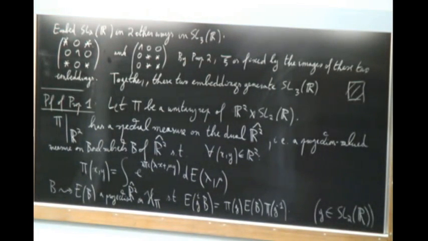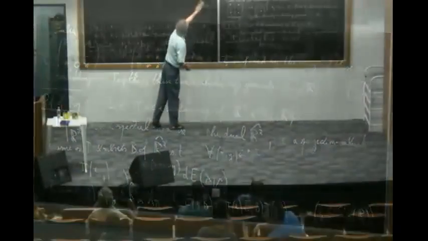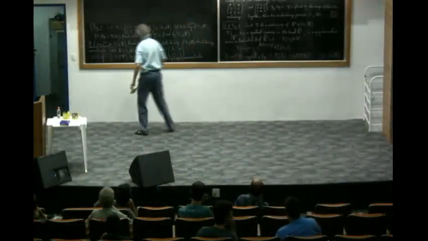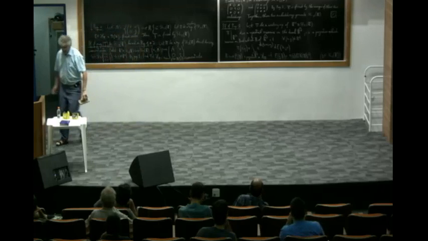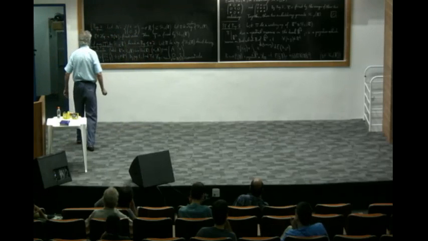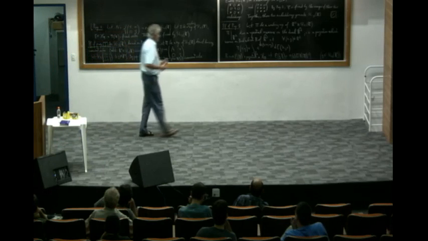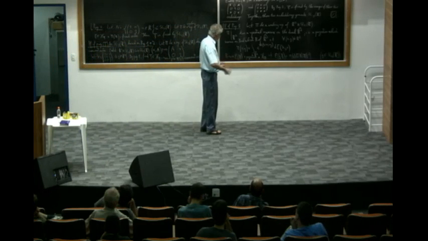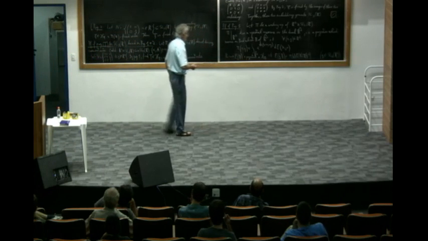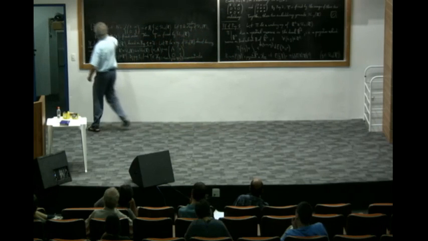Now, as I said, if you are not happy with projection valued measures, you can turn that into honest probability measures on R2 hat in the following way.